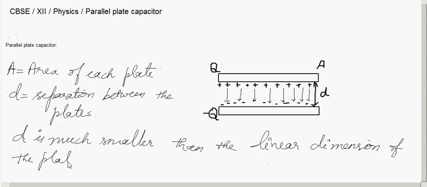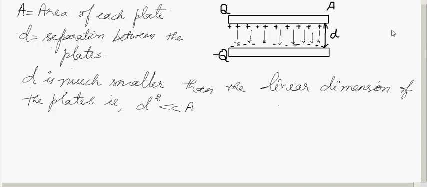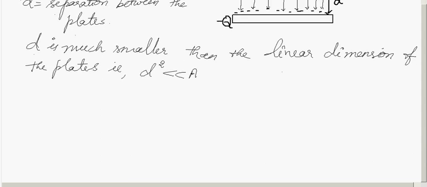So the meaning is d squared is very much less than A. If this is the case, then we can consider these two parallel plates as two infinite plane sheets with uniform surface charge density. So while finding the electric field, we can use the result which we have derived for the electric field by an infinite plane sheet of uniform surface charge density.